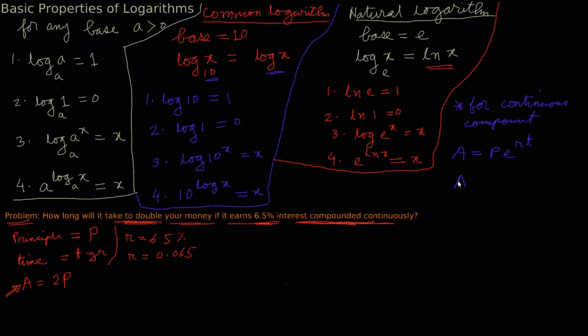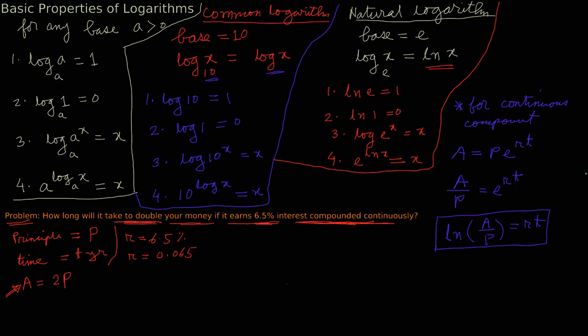If I write A over P equals e power RT, now this is an exponential expression. If I express this exponential expression as an equivalent logarithmic expression, I can write the natural logarithm of A over P equal to RT. That is the formula.